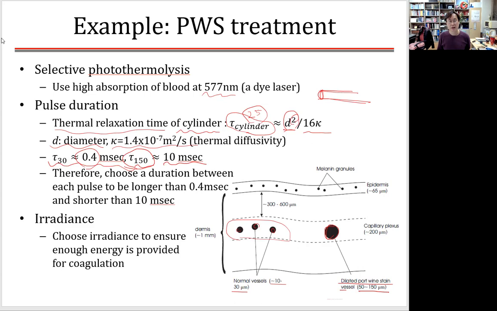So that means that for the smaller blood vessel, it takes only 0.4 millisecond for the heat to conduct from the original position to the optical penetration depth. But for the 150 diameter, it takes 10 milliseconds for the heat to be transferred into the optical penetration depth.